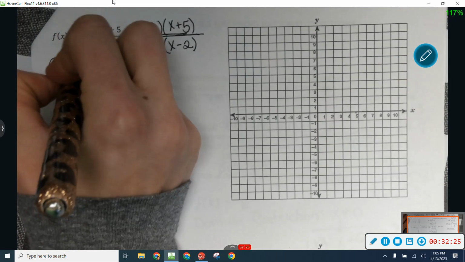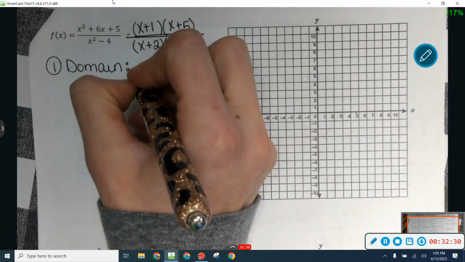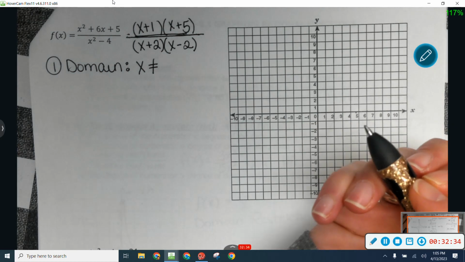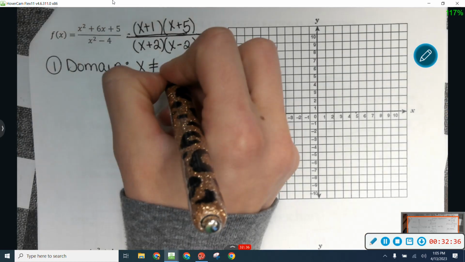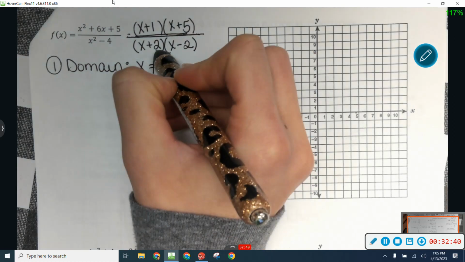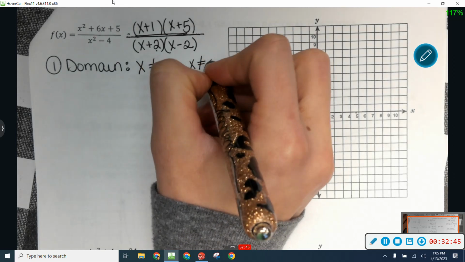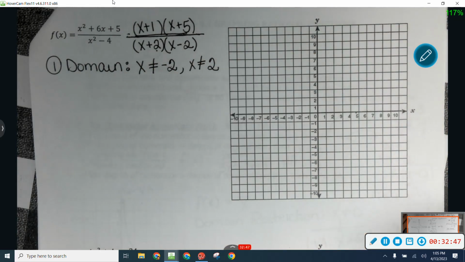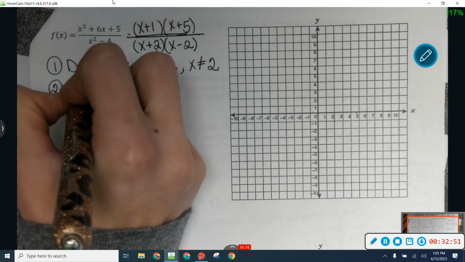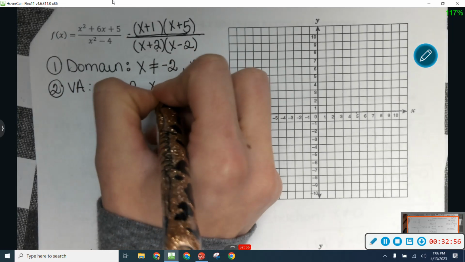So the domain restrictions are going to be what? So it's always your denominator. So x cannot equal negative 2 and x cannot equal 2. So my vertical asymptotes, x equals negative 2 and x equals 2.